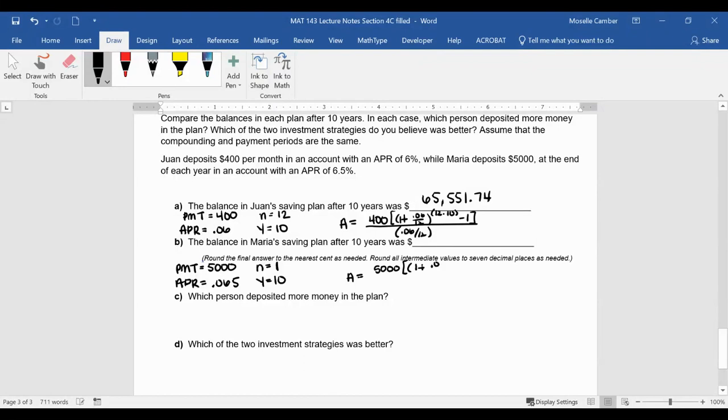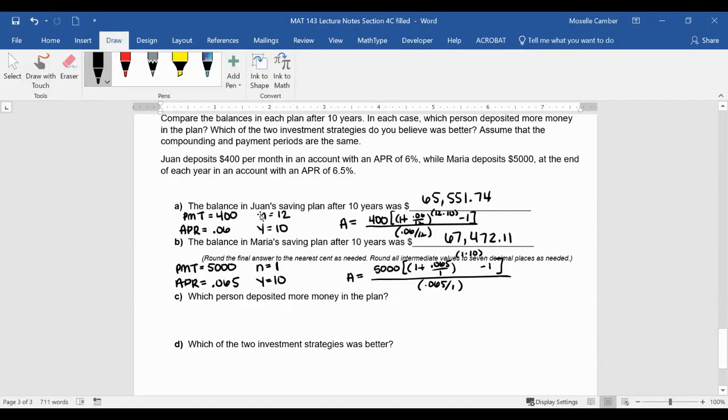You have 1 plus 0.065 divided by 1, so only once per year, raised to the 1 times my years, minus 1, all over my APR divided by n. So putting that in the calculator, I end up getting $67,472.11.